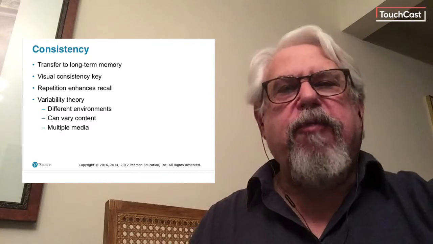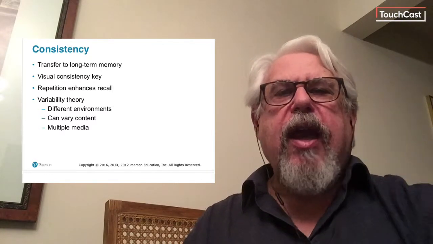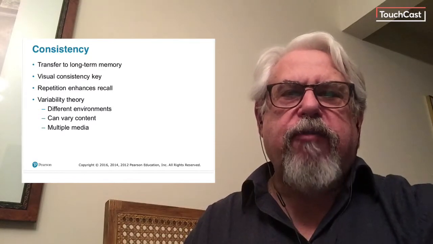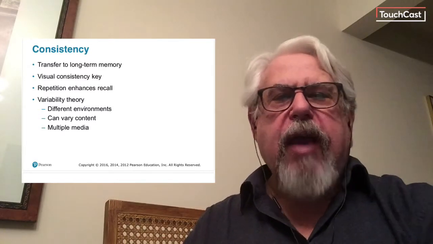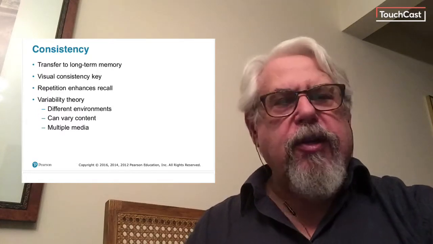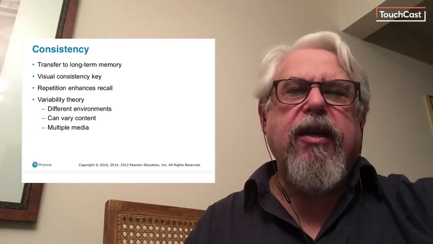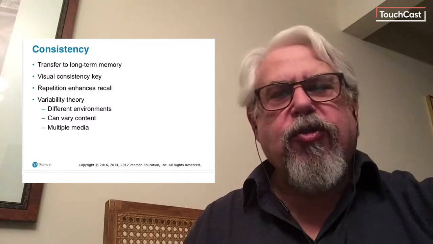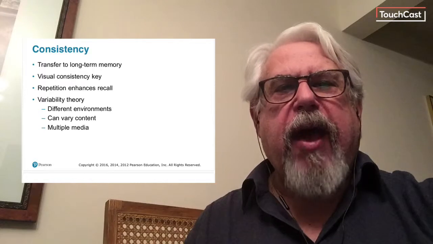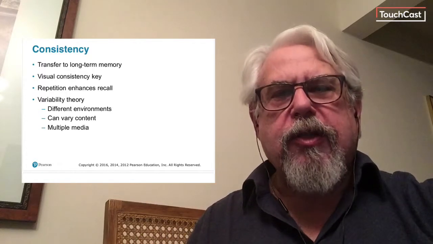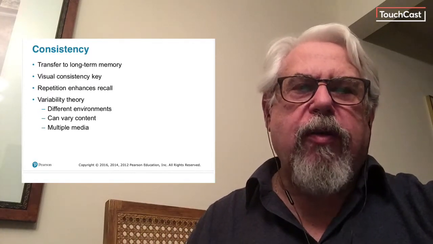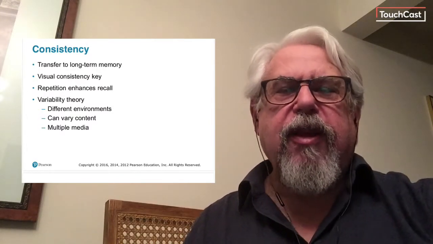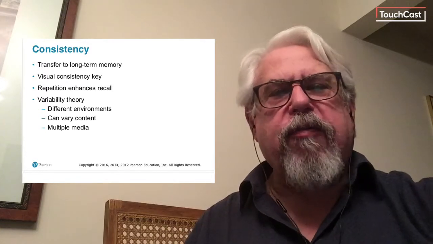There's also some variability that says we can make some changes. We can put our message into different contexts and settings. We can have some variation, and if we do, we can put those varied tellings of our story into multiple media. Again, there's a trade-off and a balance, but at the heart of the matter, the core message, whether it's the slogan, the attributes, or the value, those core elements have to be consistent, even if the story is told in somewhat different ways.